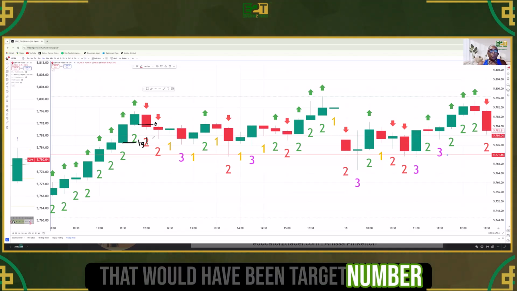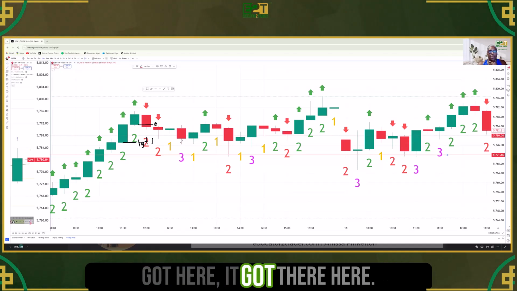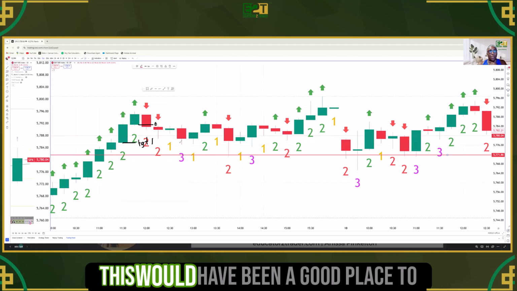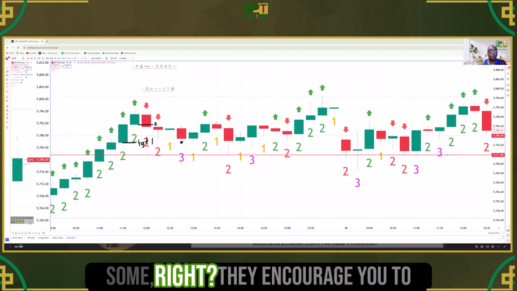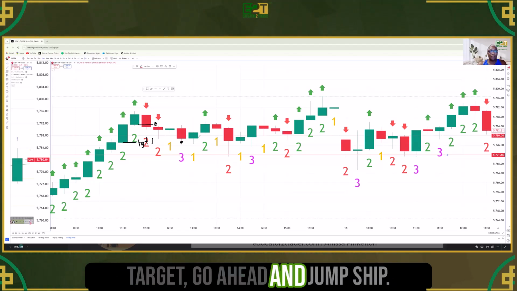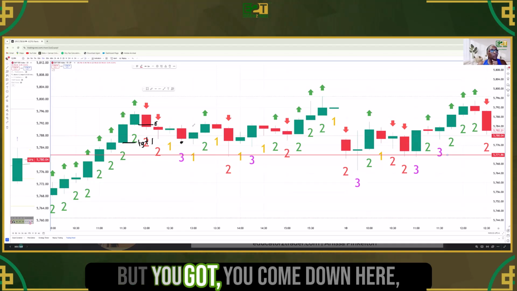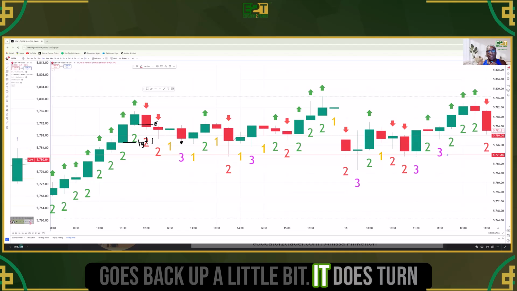That would have been target number 1. The bottom of this candle, which it got to here. This would have been a good place to exit, seeing that price pulled back some, right? They encourage you to exit when you hit the target, go ahead and jump ship. But you come down to here, then it comes to this target and goes back up a little bit. It does turn back around.